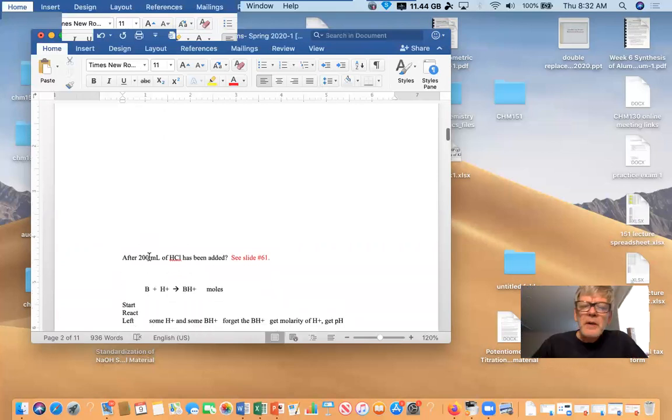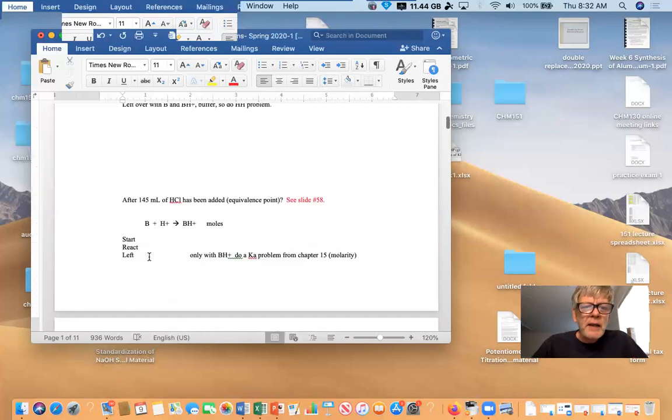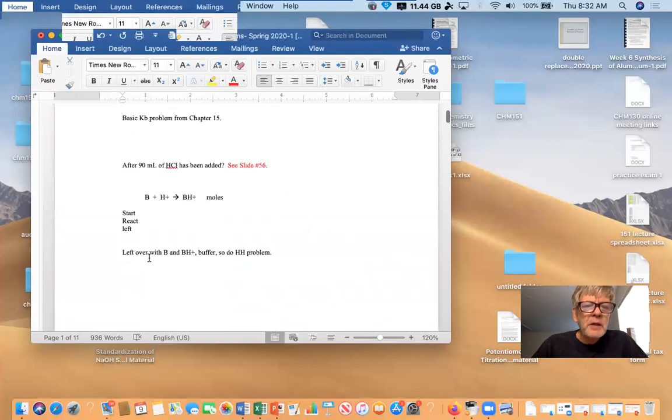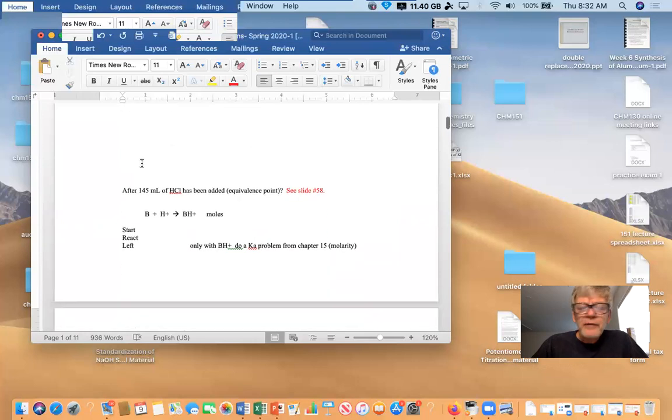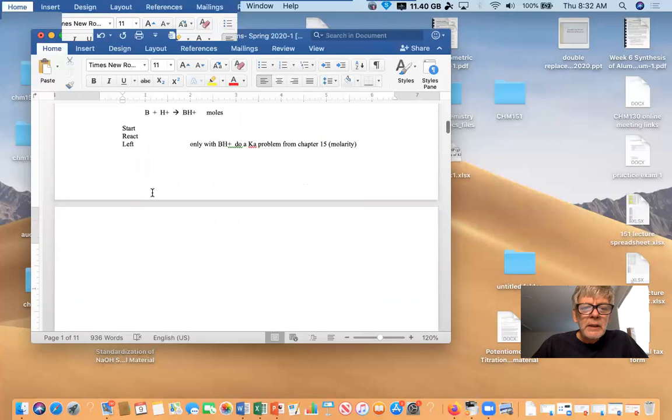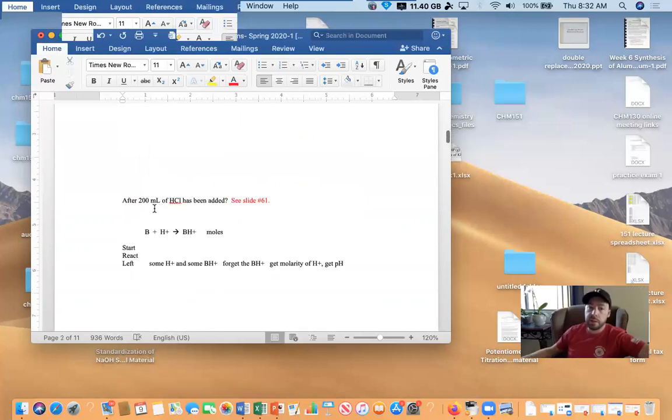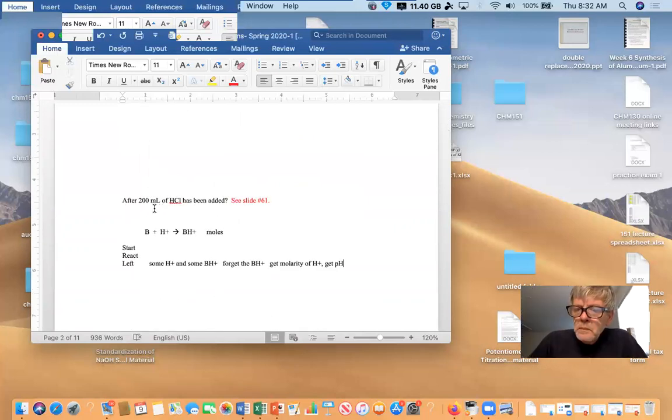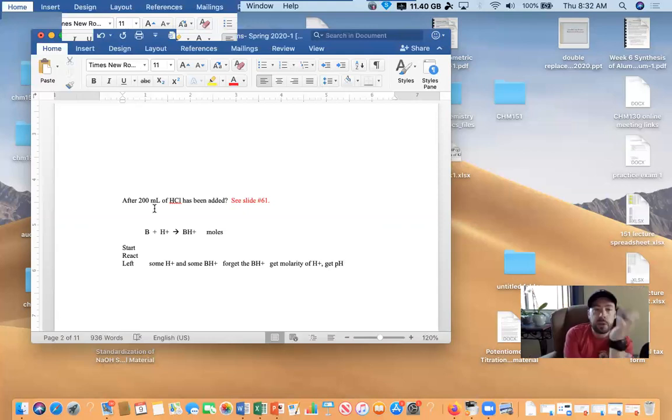No, no. So at this point of the titration, we've added 90. And then we keep on adding from our burette till we've added a total of 145. And then we keep on adding. So at that point, we've added enough to get 200.